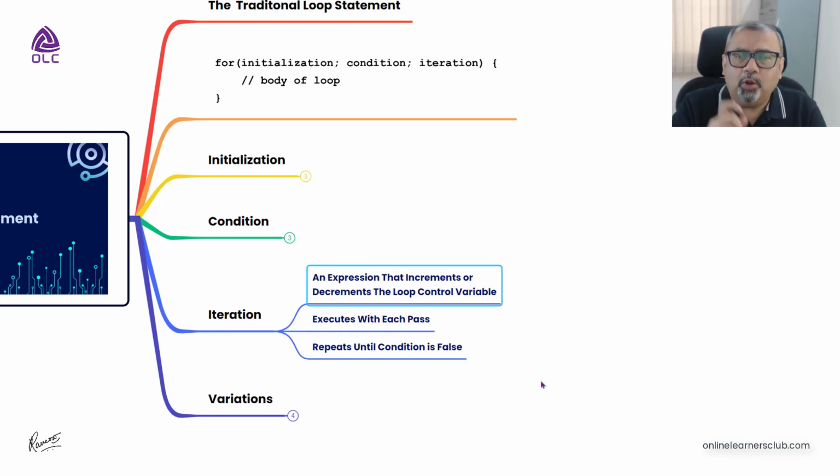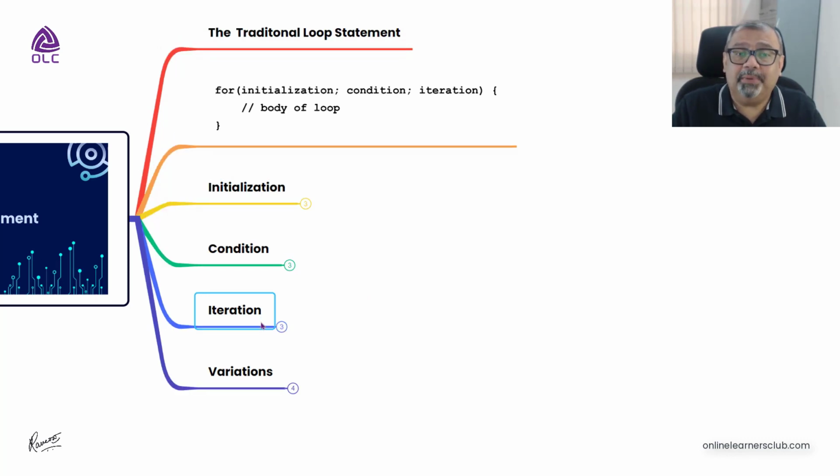Every for loop will have one control variable, and this executes with each pass and repeats until the condition is false. Generally the condition is evaluated based on the counter variable. So that's the basic concept of how the for statement is implemented.